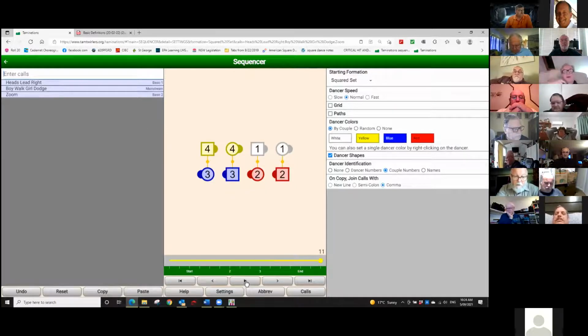But here, when you call from the tidy two-face line, you call a half tag and then zoom, the dancer in front of the leader in the tandem is walking forward, walking away, making room. So it's not a room positioning issue.